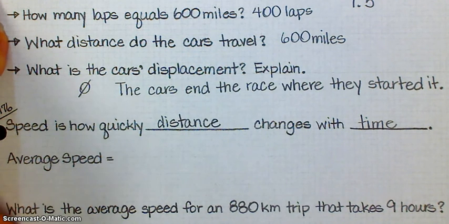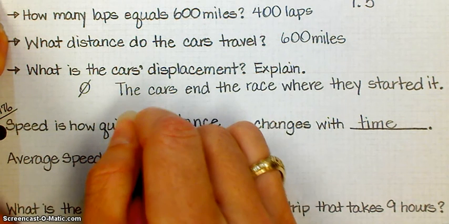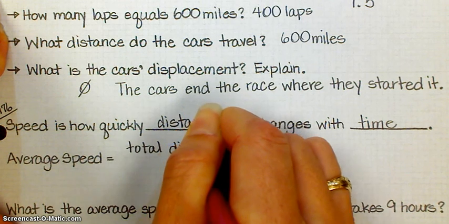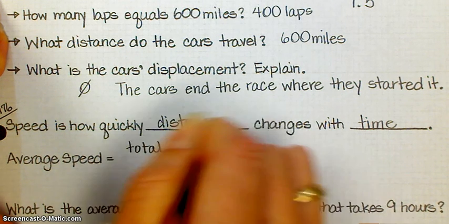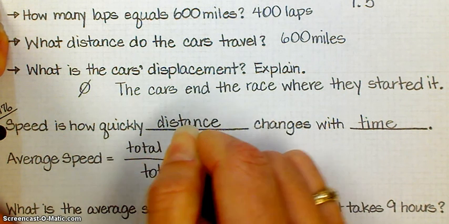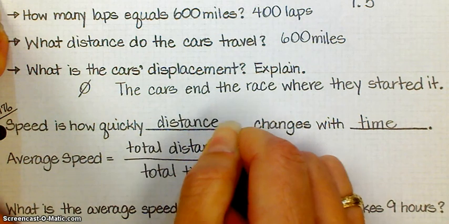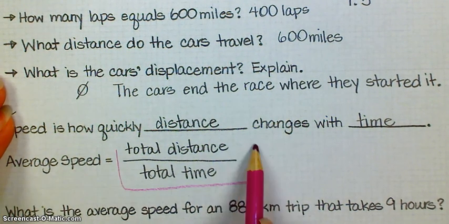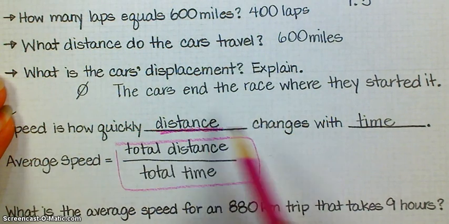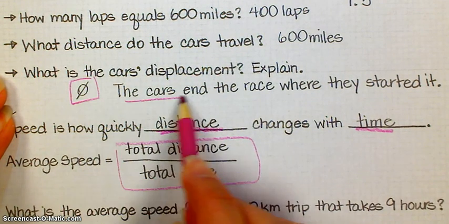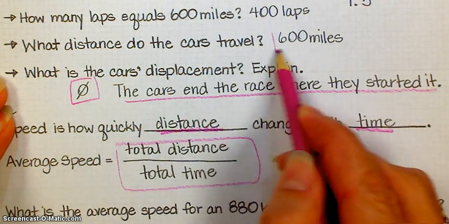Total distance divided by total time. Okay. Do that just so that the answers are a little bit easier to find.